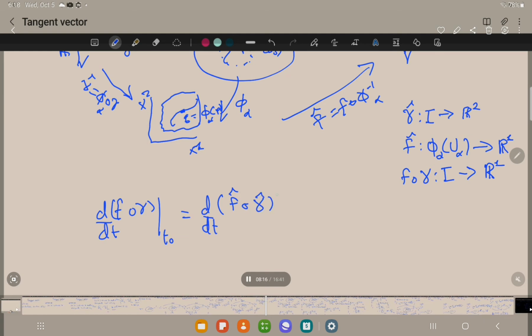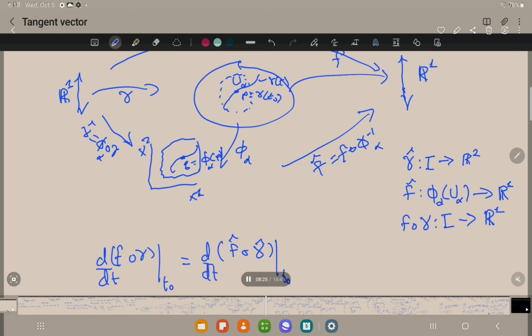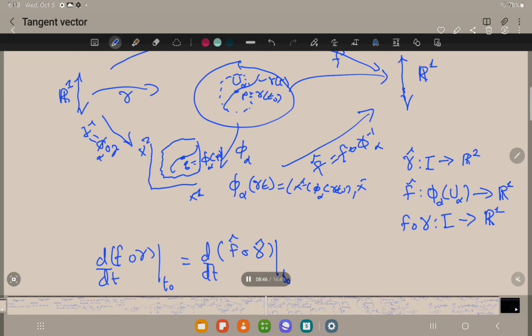It's also equal to the time derivative of f hat composed with gamma hat. So you see that the alpha, the mapping, is a vector valued function. So it maps point P or the gamma curve onto, in this case, two-dimensional coordinates.